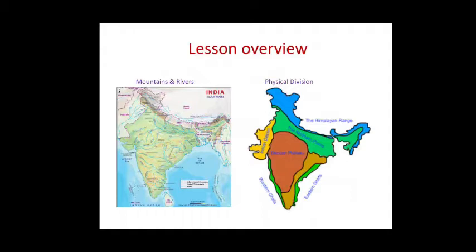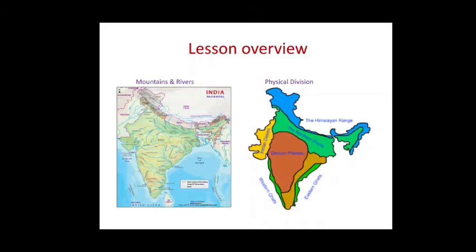Children, first, physical geography, the physical features of our country. Already we know that India is a subcontinent occupying a huge area in the southern part of the Asian continent, as it is surrounded by water on three sides and land on one side. It is a peninsula. See our map, only water on three sides, and only in the northern part is there a land connecting area.